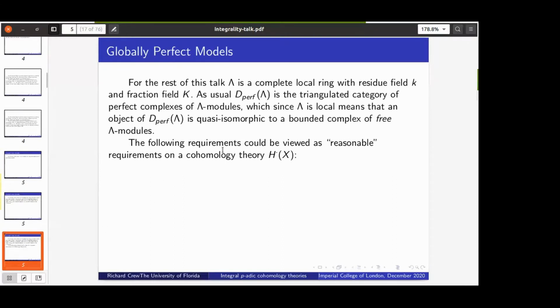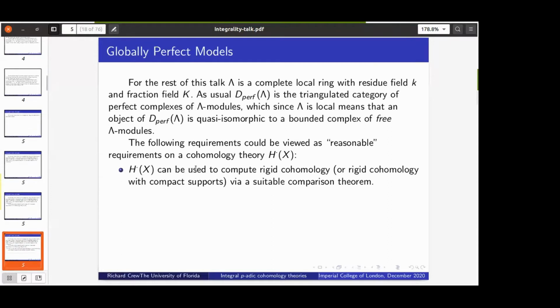So the following requirements could be viewed, or I shall choose to view them, as being reasonable requirements on a cohomology theory, H of X, say. First of all, you should be able to use them to compute rigid cohomology, or failing that, rigid cohomology with compact supports via a suitable comparison theorem.